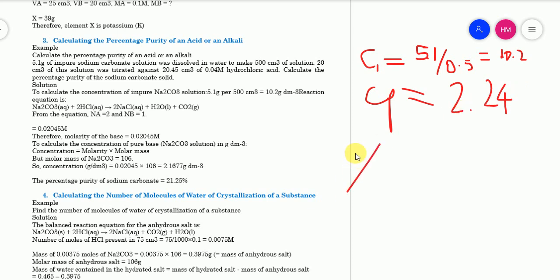So in order to get percentage purity, percentage purity is equal to concentration pure.